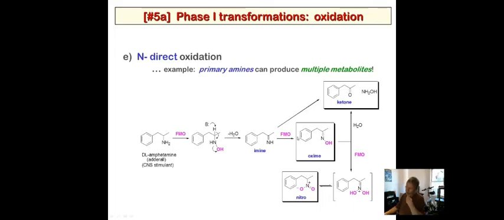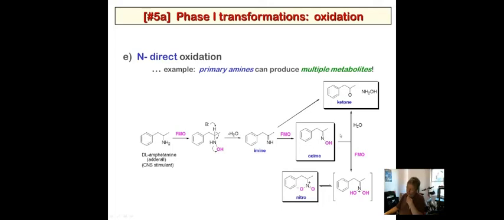But another option is that the imine can be oxidized with FMO also, and that makes the N-hydroxyimine. It's also called an oxime. And then the oxime can also be hydrolyzed to the ketone, and that would actually give you hydroxylamine as a product, and that's how this would occur.